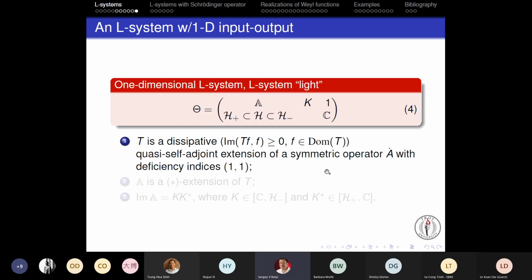So it is a light version of the definition of an L system, which is sufficient for our purposes for what's going to happen next. And the rest just follows.